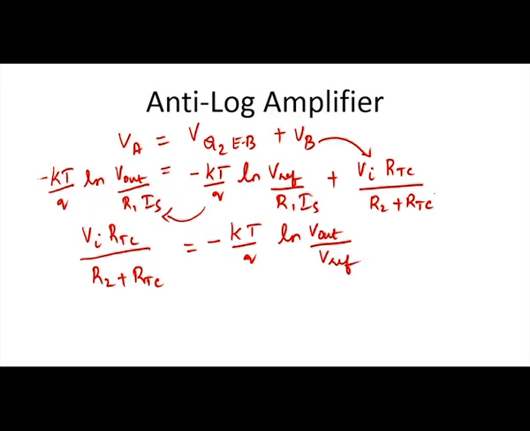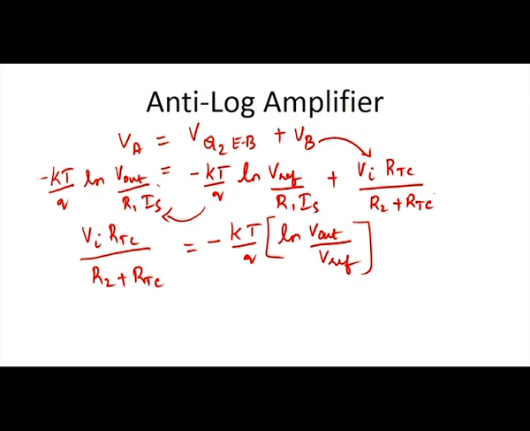If I take minus KT by Q out, you will have natural logarithm of V out by R1 IS minus natural logarithm of V reference by R1 IS.